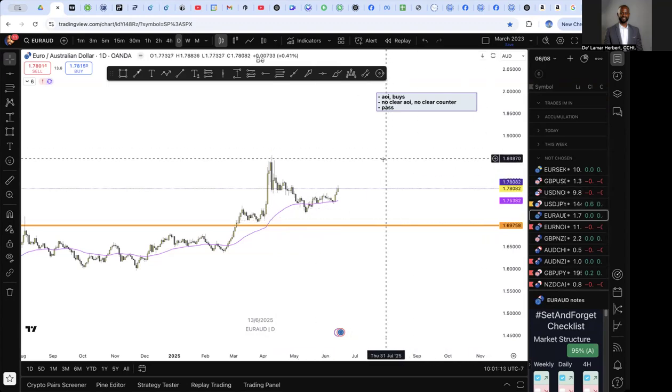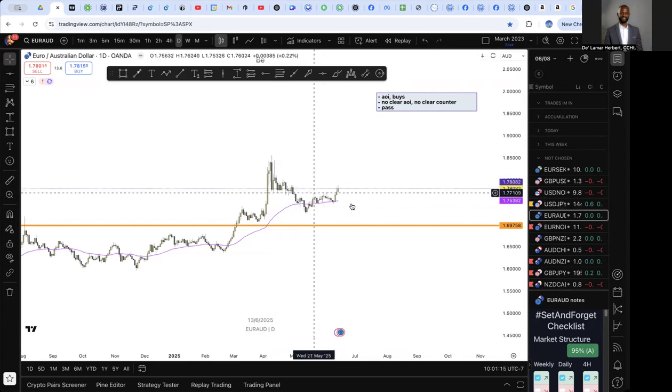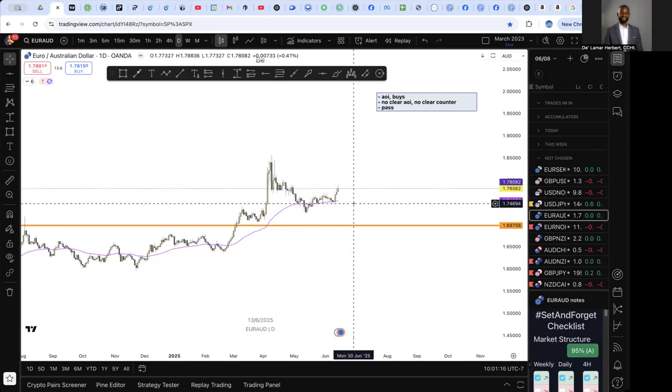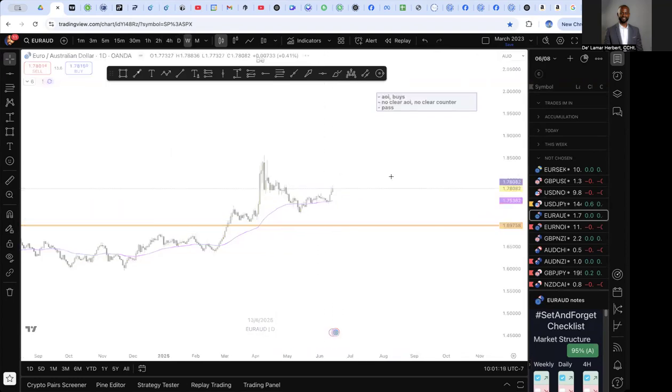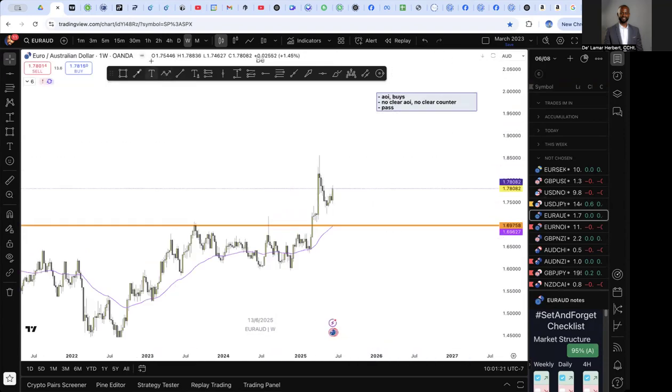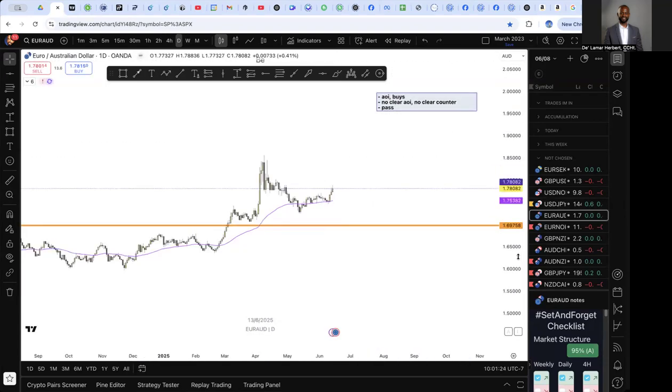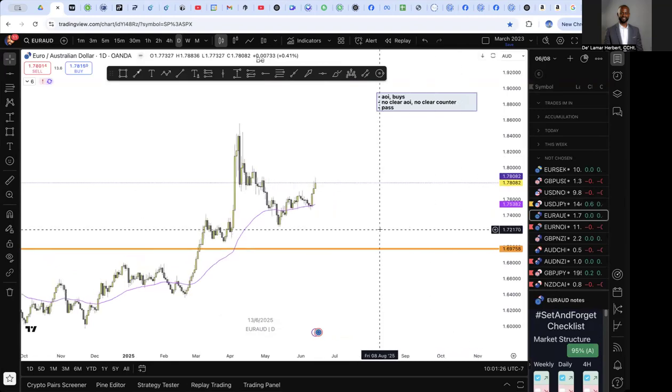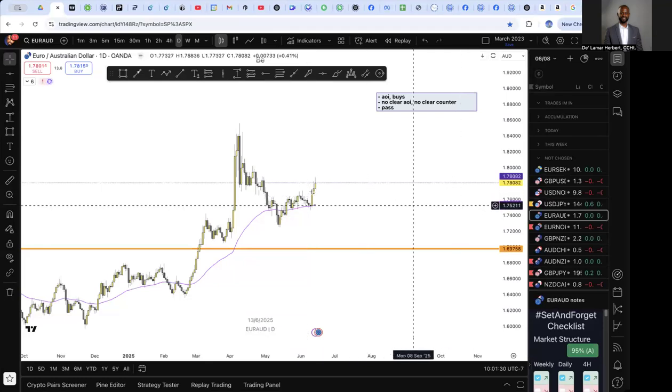So no counter. As far as the buys here, we're just having a lot of movement on the daily, so I wouldn't take buys.